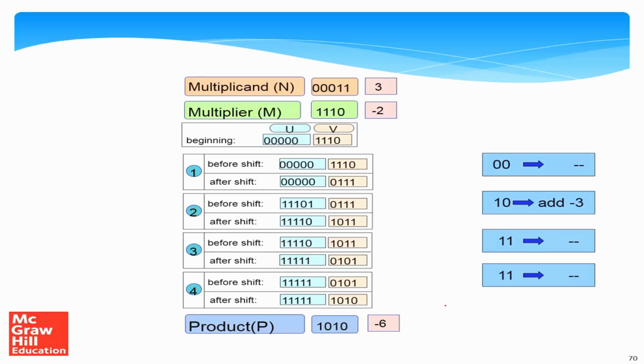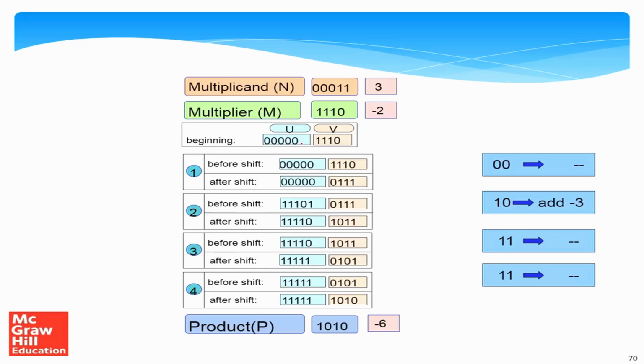And also the multiplier is negative, so this represents a fairly complicated case for us. So let's start the way that we should start by first loading the multiplier into V. So the multiplier is minus 2 in this case, so it is 1110.